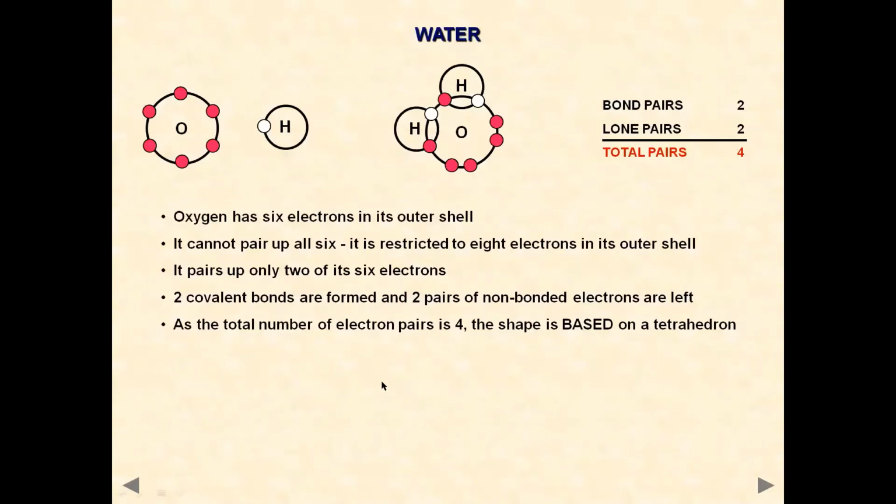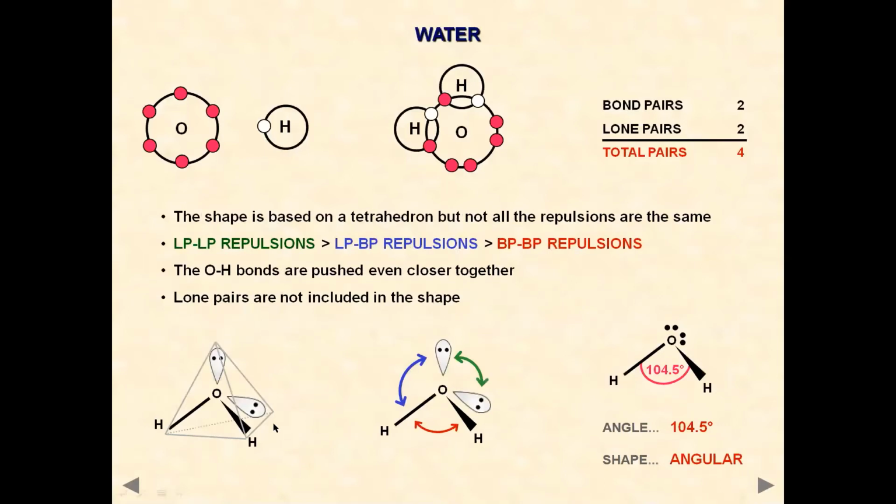But where it's going to be different, we know that lone pair lone pair repulsion is greater than lone pair bond pair repulsion, which is again greater than bond pair and bond pair repulsion. The OH bonds, these 2 covalent bonds, are pushed even closer. So the basic shape where we started is tetrahedral.